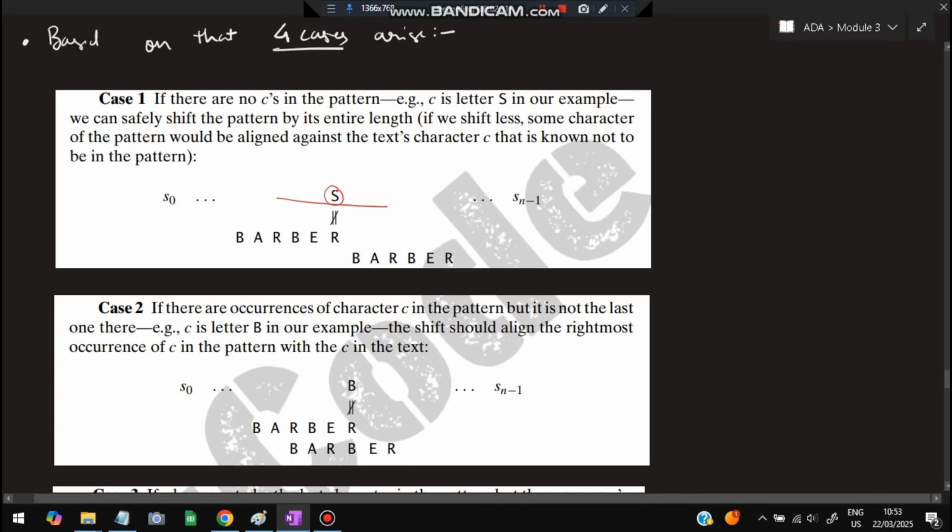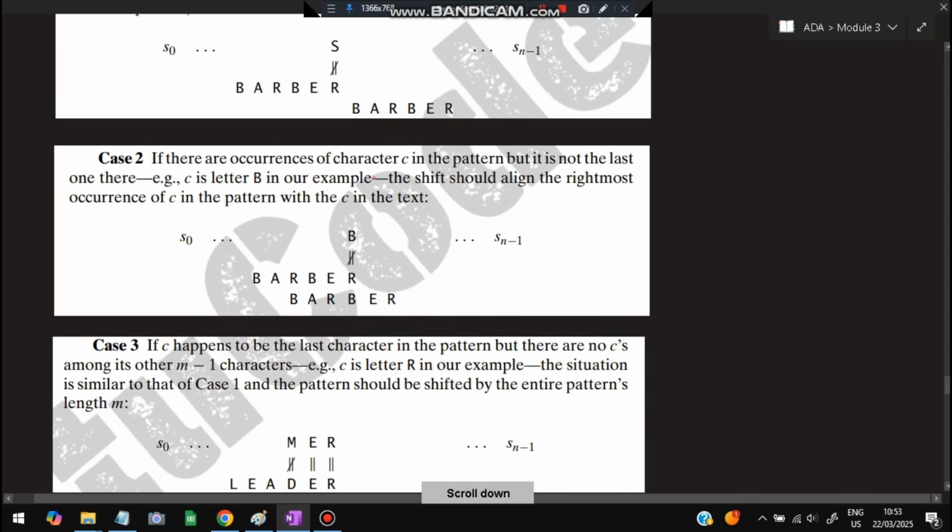So we have to start from the next part of it. Means after S you have to start the comparison, because until and unless S is there, it will never match this pattern, because with S this pattern cannot be matched. There is no S in this pattern, so we'll be starting comparison from here. So that is the thing. We had a letter here, and since S is not present, we'll be starting comparison from here. That's the first case.